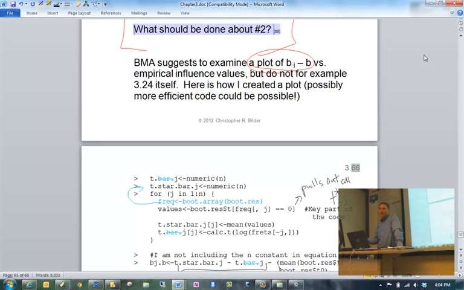So if you have a sample size of 10, that means you're going to have 10 different of these measures. And they suggest calculating this B sub negative J, which is the bootstrap estimate of the bias without the J observation, minus B, and plotting that versus the empirical influence values.